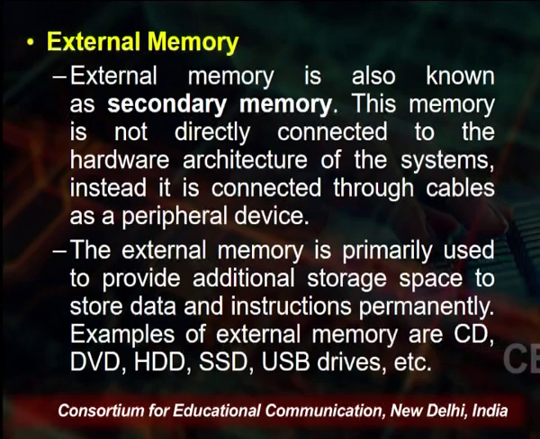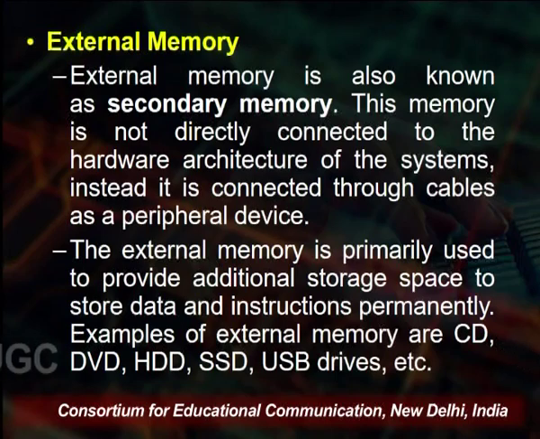External memory is the secondary memory. This memory is not directly connected to the hardware architecture of the system. Instead it is connected through cables as peripheral devices. External memory is primarily used to provide additional storage space to store data.